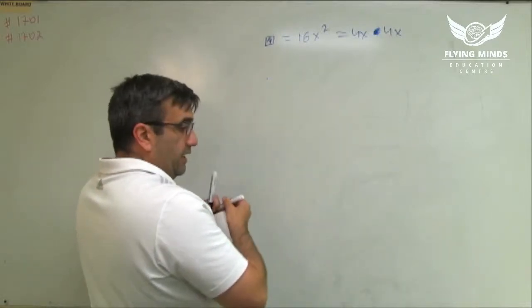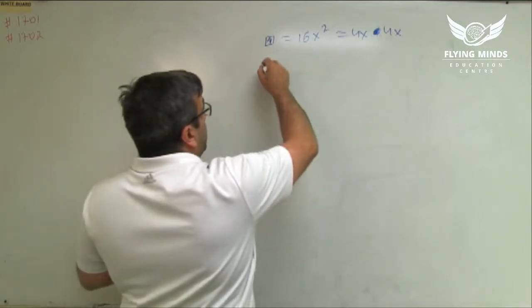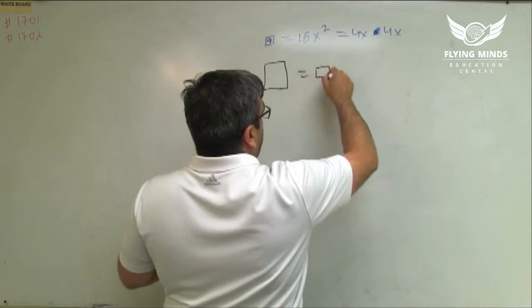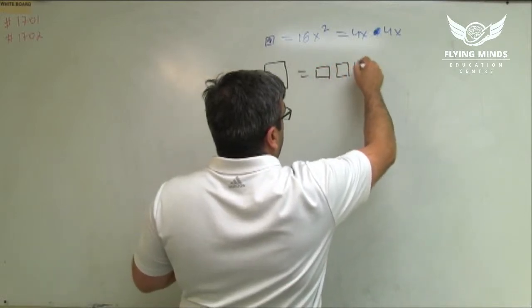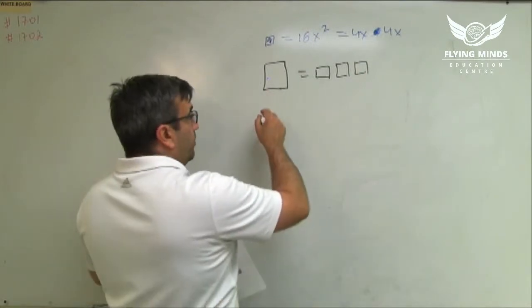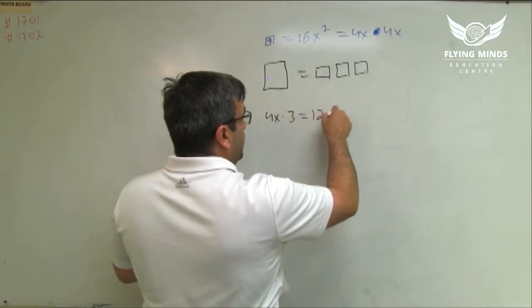Then the gray square equals the length of 3 squares. So the length of the gray square equals 4x times 3, so 12x, right?